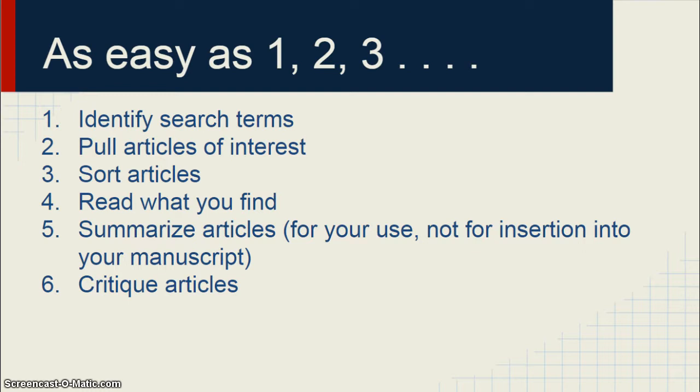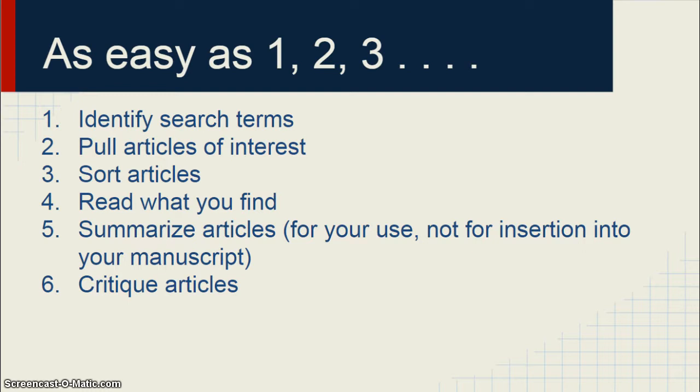So once we've gone through our search terms, we need to sort through and figure out what articles are really interesting to us. And again, Ms. Farmer provides some great tips in her video on how to go about making sense of what comes up as you conduct your literature searches.